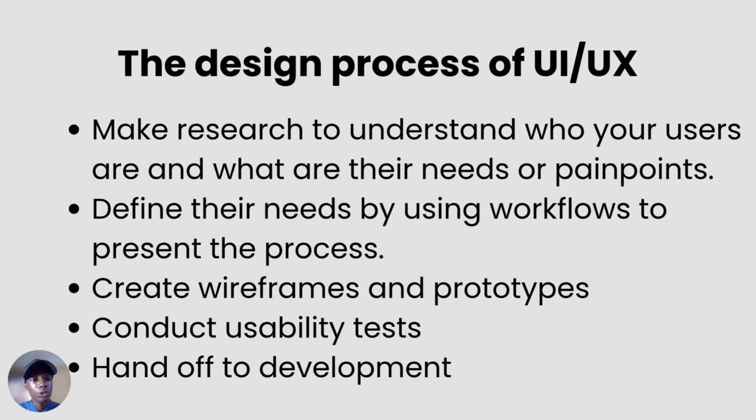So what have we learned so far? We've learned what UI and UX design means. We've seen how we can make UI and how we can make our websites or apps good for users.